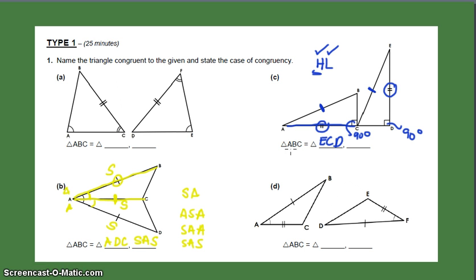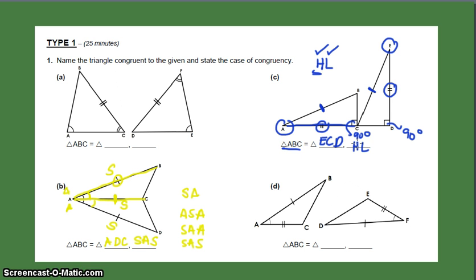Since it started at A and goes to B, from the tip point A, we should start at this point E and go down following the hypotenuse, so you should select ECD and not EDC when you name the other triangle. And again, the reason is that we were able to satisfy the HL theorem. So the two triangles are congruent.